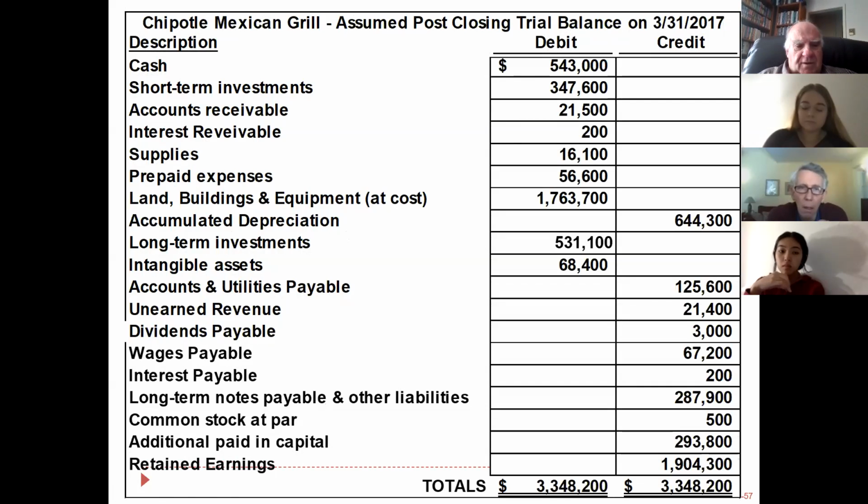Because the whole idea of running a business is to take those revenues and expenses, make a profit, and move that profit into retained earnings, okay? This here is just a snapshot in time. It's a split second before your business reopens the next day, okay?